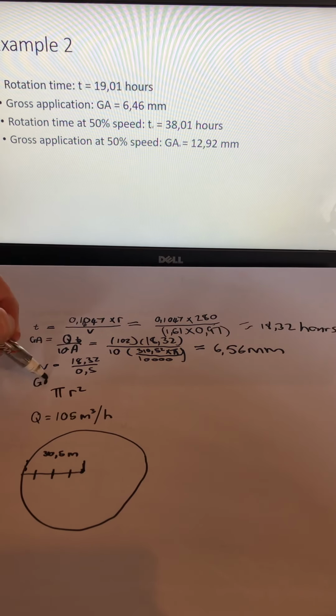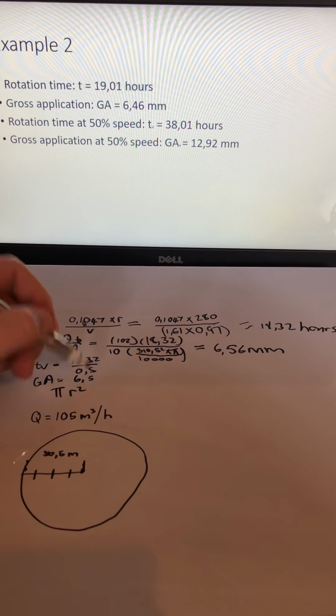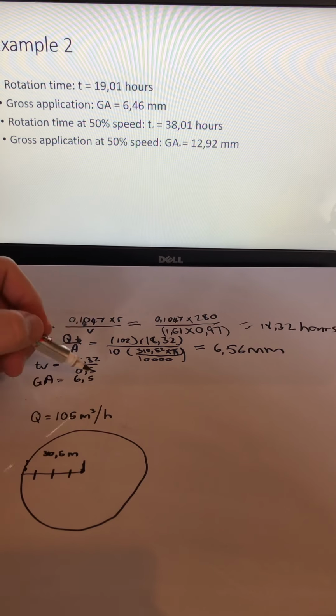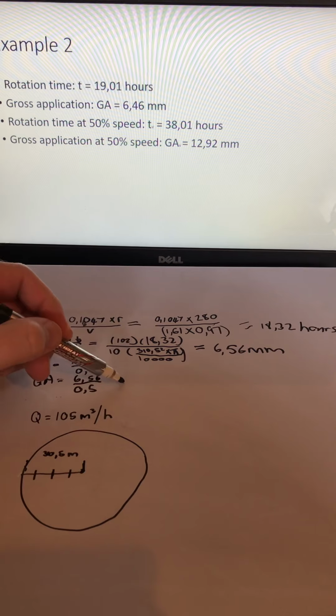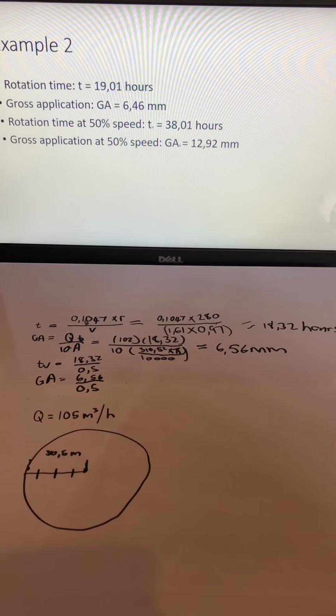And for that gross application, it's going to be that 6.56 divided by that 0.5, and that'll give you the gross application and rotation time at those speeds.